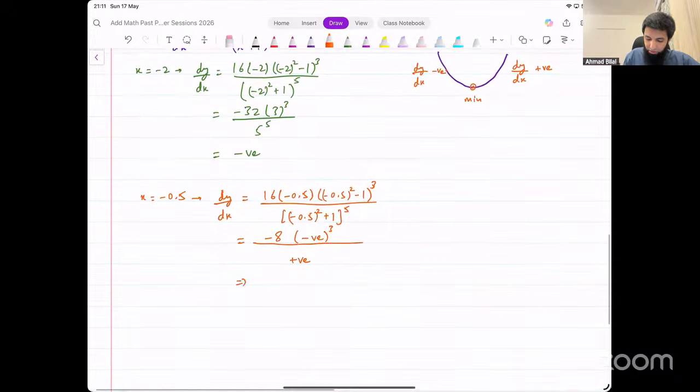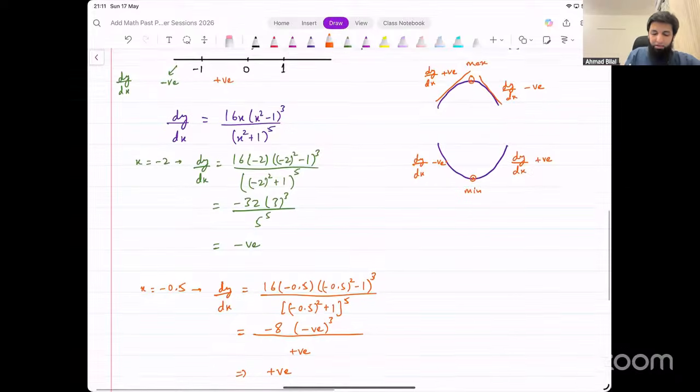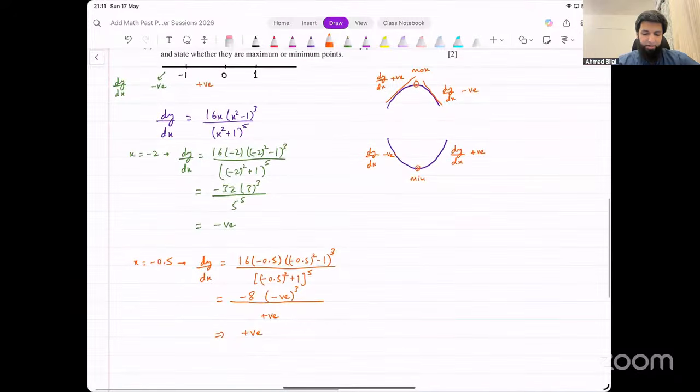This is going to give you a positive number, because in the numerator we have two negatives, and they become positive. In the denominator, we have a positive number. So the overall fraction becomes positive. That tells us that between these two numbers, we have positive. So does that tell us anything about -1? Is that a maximum point or a minimum point?